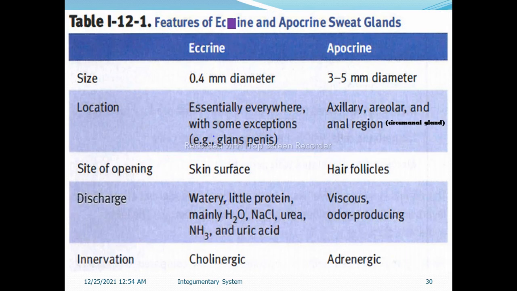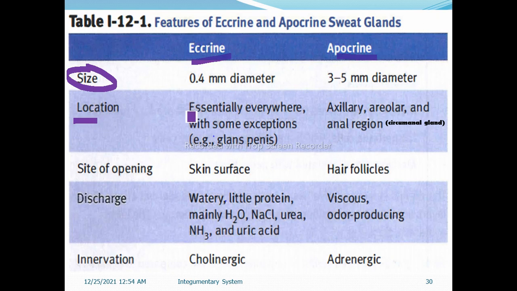So this is the merocrine gland or eccrine gland. This is the apocrine gland. Based on size, the eccrine gland is 0.4 mm in diameter, whereas the apocrine gland is 3 up to 5 mm in diameter.